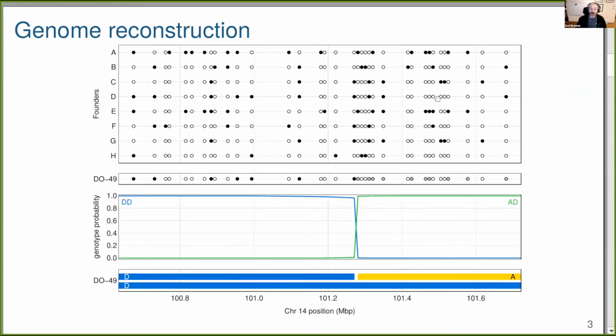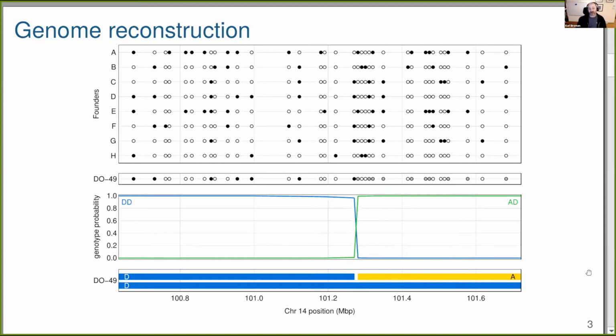So we use all this data to calculate, at each position on the chromosome, the probability that that DO mouse has each of the 36 possible genotypes, the 28 heterozygotes and the 8 homozygotes. In this case, it's homozygous A in the first segment, heterozygous AD in the second segment. We can threshold those probabilities to get inferred genotypes.